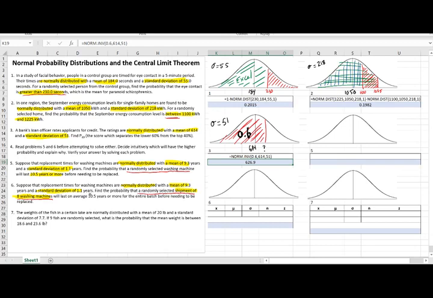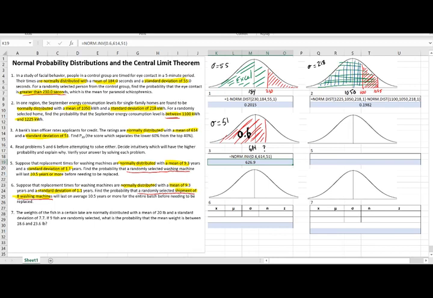Would you expect one washing machine to last longer than expected, or would you expect an entire group of 8 of them to, on average, last longer than the expected 9.3 years? Well, I'm going to say it's more likely that it only happens to one machine rather than the 8. So let's see if we can calculate this.